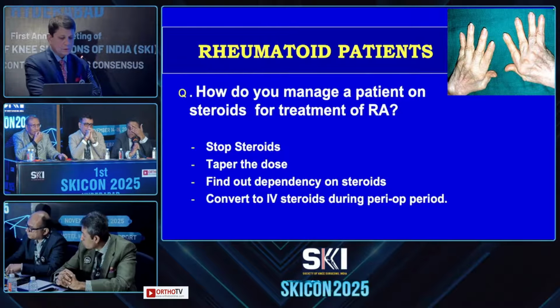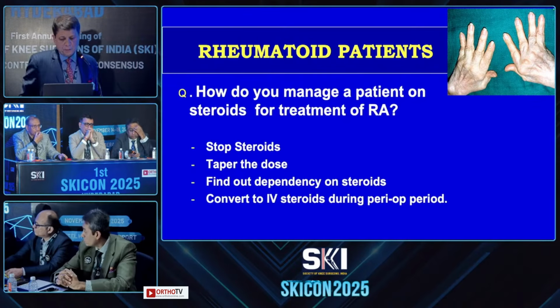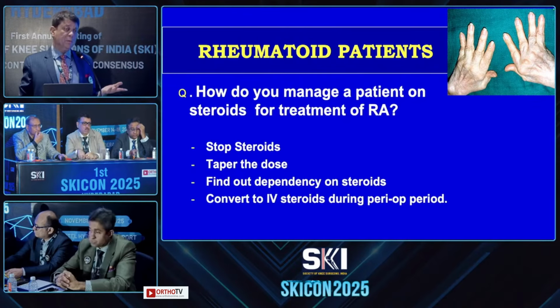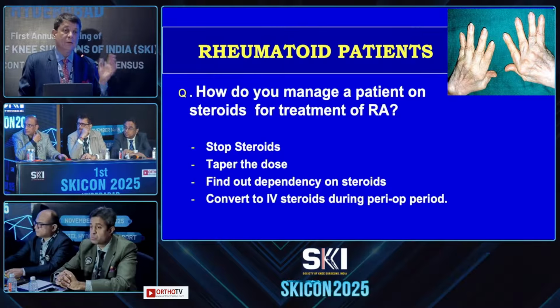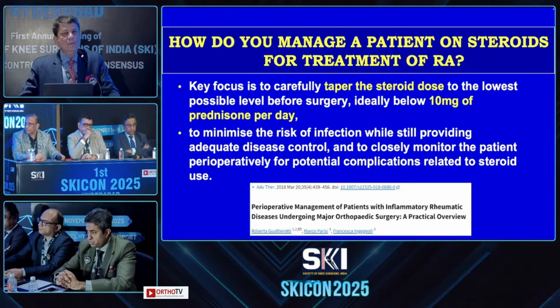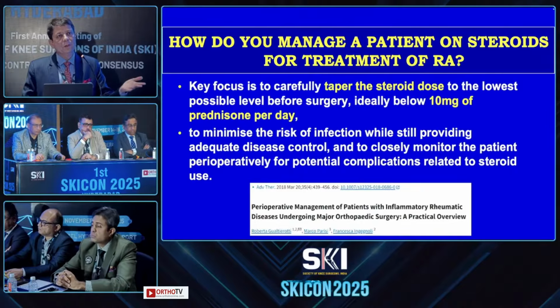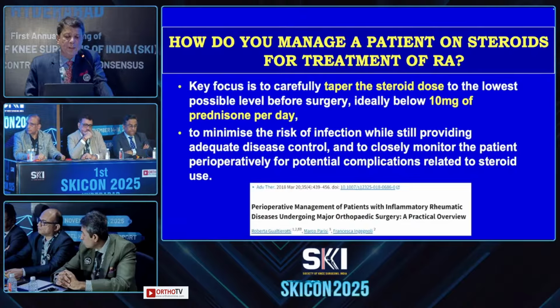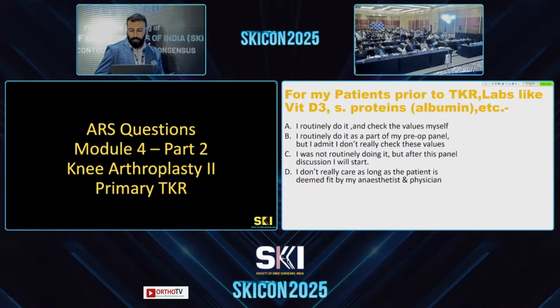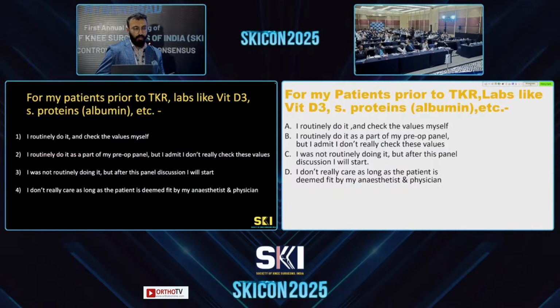We try to convert them into IV prednisolone. Yes, because sometimes some spine surgeons actually give a short dose of IV steroid just before surgery, because we know steroids given in high doses have a series of complications which can happen. The immunity is compromised. It is based on this module that we had.